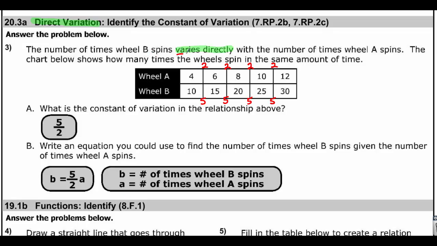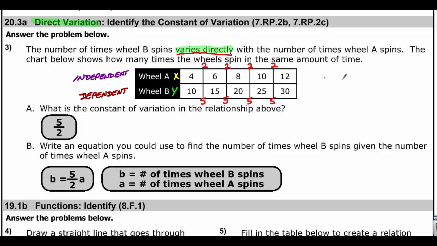When they tell you that B varies directly with A, what they're telling you is that A is what we call the independent, and if we were giving them x's and y's, that would be the x, as opposed to B, which is the dependent. How much B spins depends on how much A spins. B would be the y.